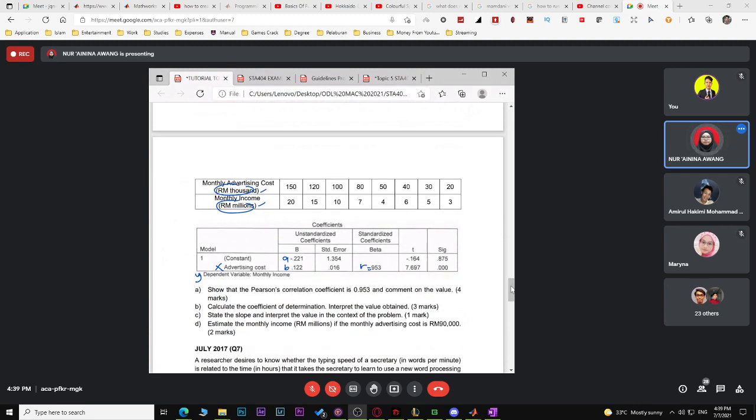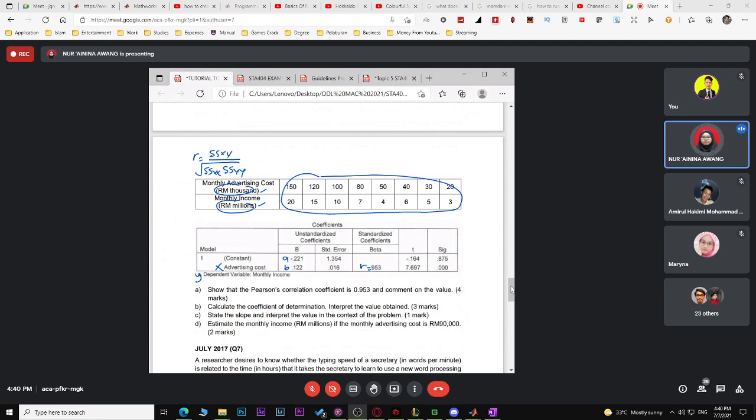Okay, so in this question, for the first one, show that the Pearson correlation coefficient is 0.953 and comment on the value. So you need to substitute the value into the formula. So you kena masukkan lah. Okay, macam biasa. You kena kira you punya summation of X, summation of Y, summation of X square semua tu using this data.